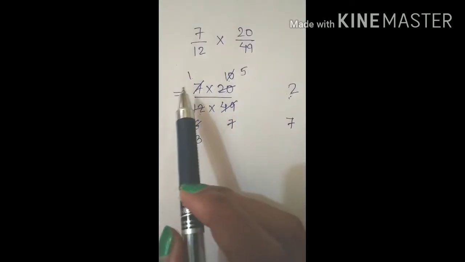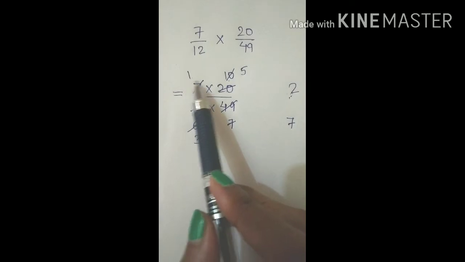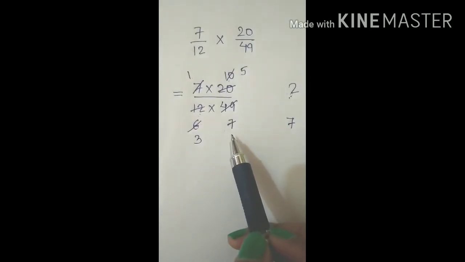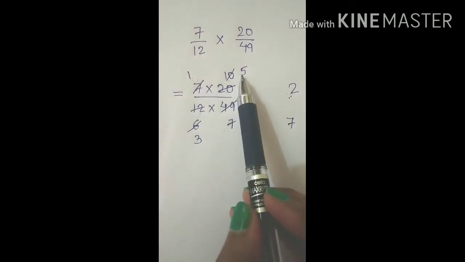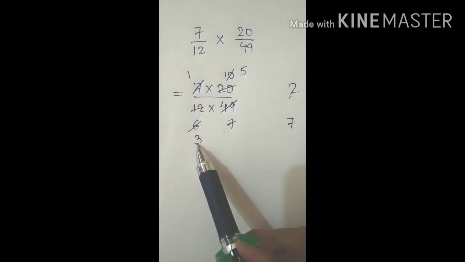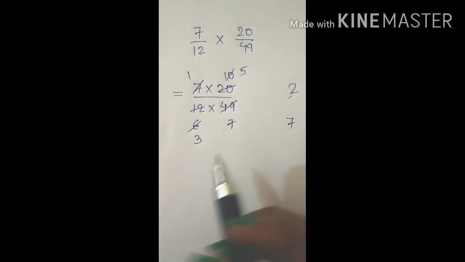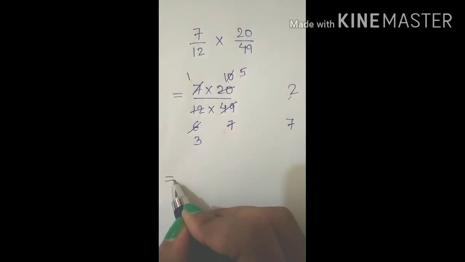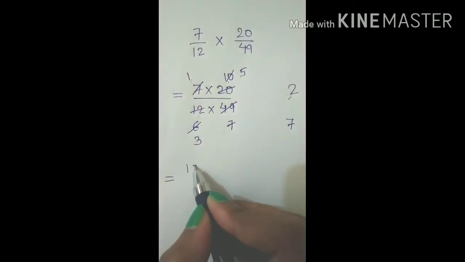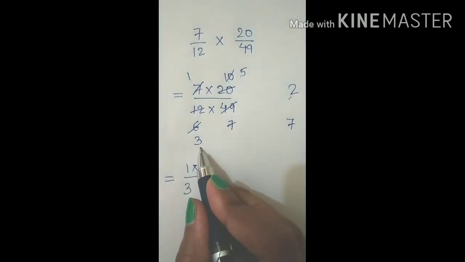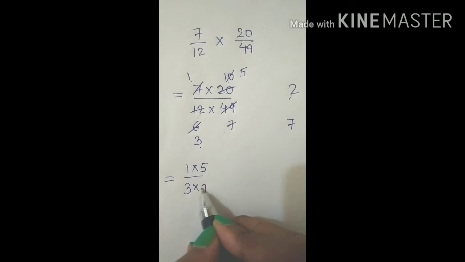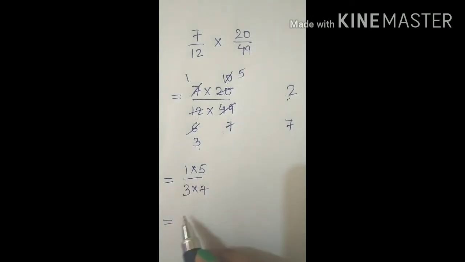So now there are no common factors left between the numerators and the denominators, and we are only left with the numerators 1 and 5 and the denominators 3 and 7. So we will multiply the numerators 1 and 5, and we will multiply the denominators 3 and 7. 1 multiplied by 5 is 5 and 3 multiplied by 7 is 21.